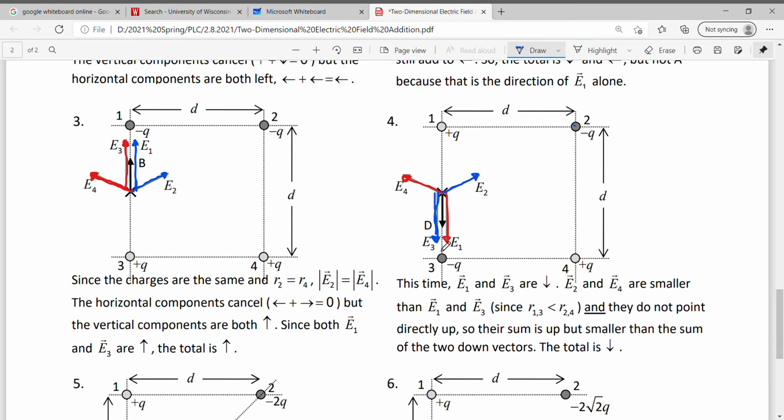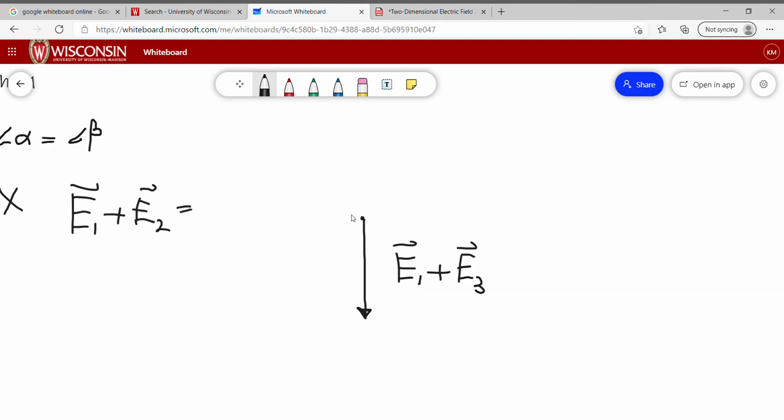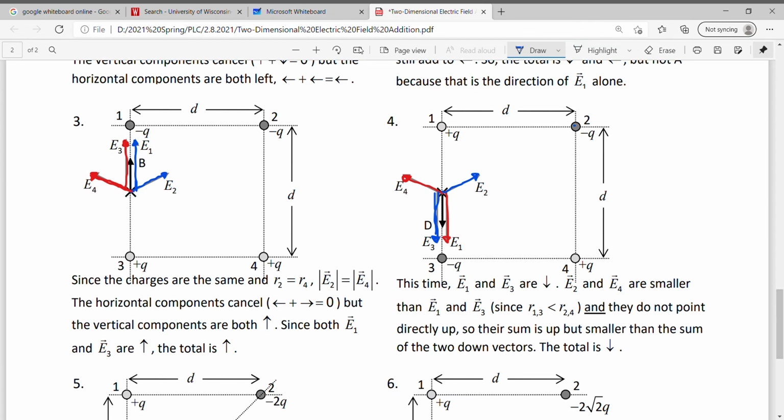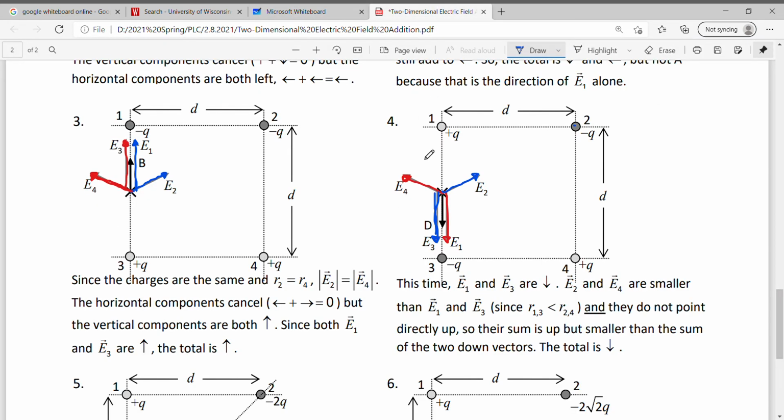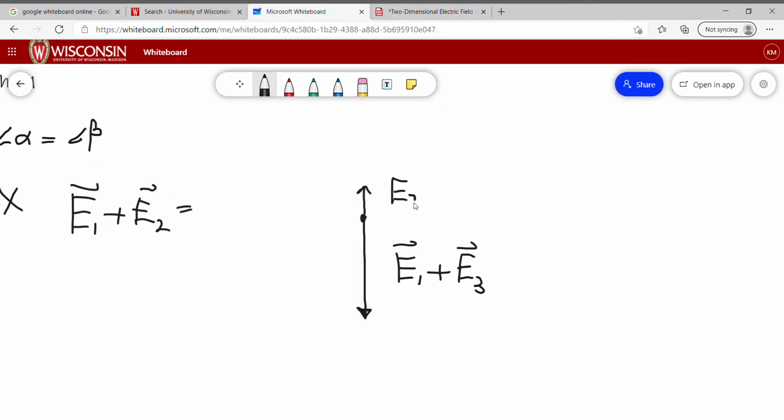Okay, E1 plus E3 pointing down. And we have another vector which is E2 plus E4, because they are symmetric about this y-axis. However, E1 plus E3 is larger than E2 plus E4.